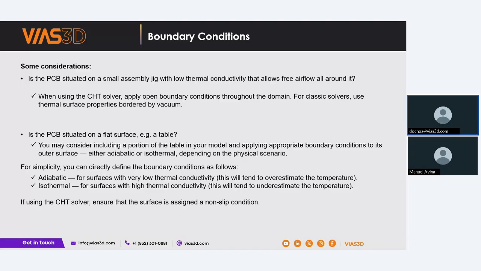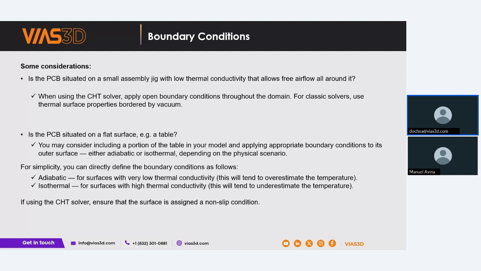So assign open boundary conditions and consider the size of the element to have an idea of what the size of that computational domain should be. If you're using a classic solver, we normally use a thermal surface property, surrounded with vacuum.